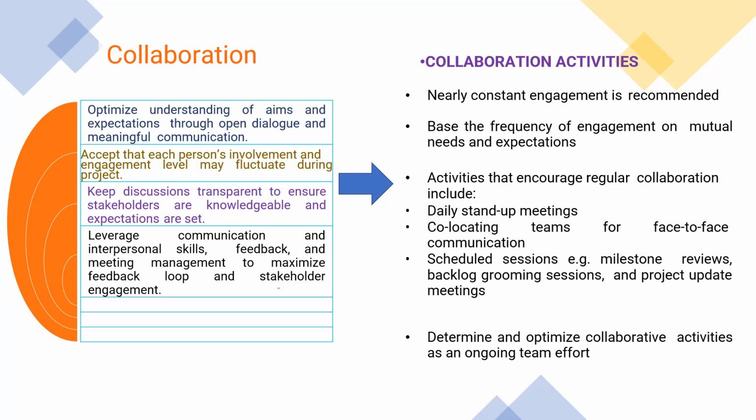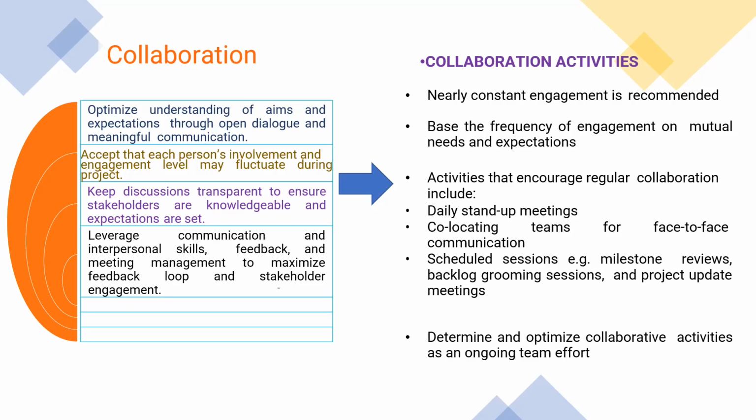Let them be aware, because you can't ask them to engage or to collaborate when you've not even extended a hand of fellowship to say, come join me, let's do this together. You also need to learn to accept that every person's involvement and engagement level may fluctuate during the project. That's a very important thing.